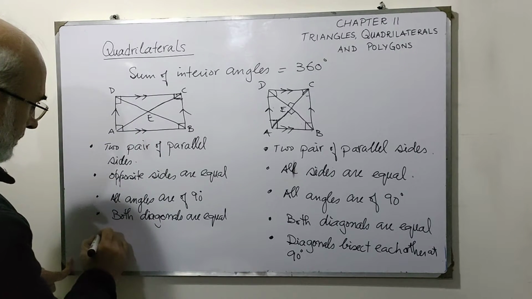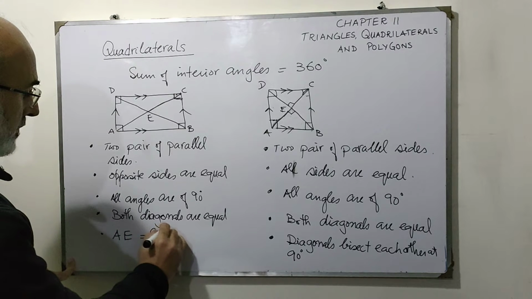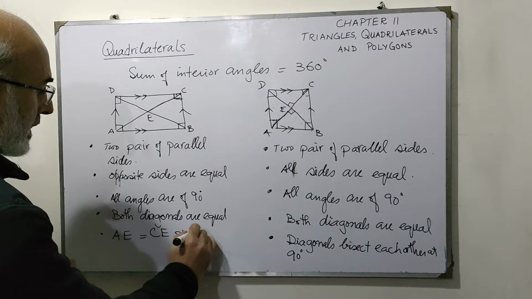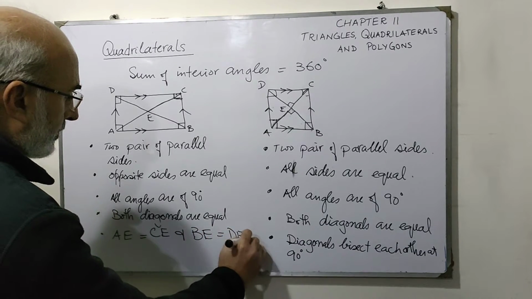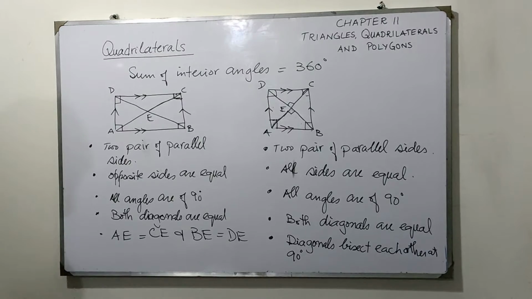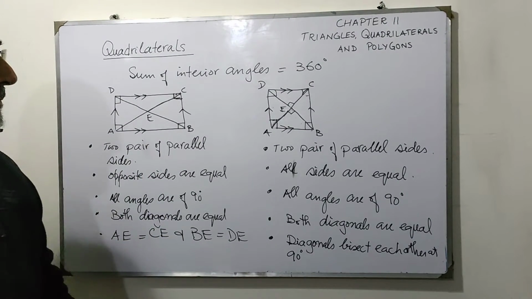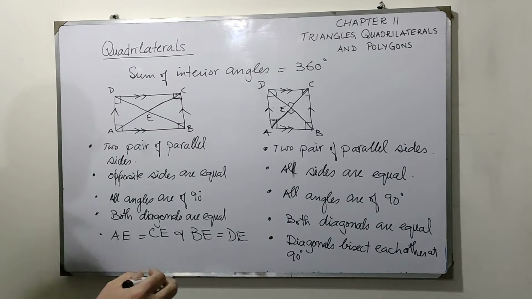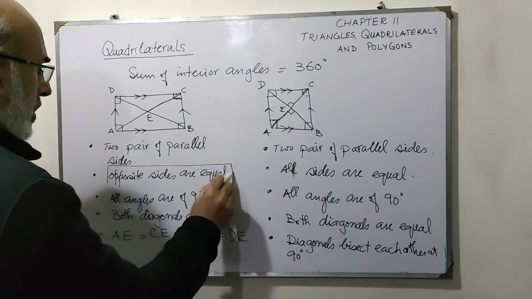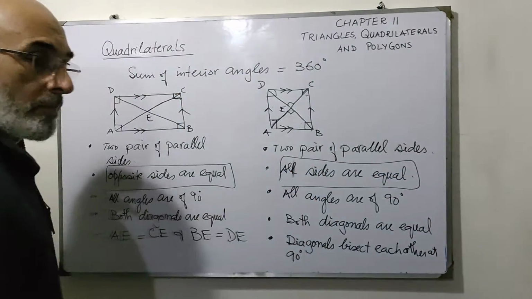In this case, AE is equal to CE and BE is equal to DE. So these are the properties of both the quadrilaterals, and they are pretty similar, except in this case opposite sides are equal, in this case all sides are equal.